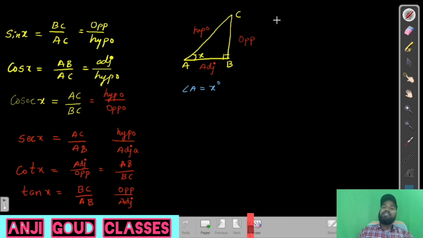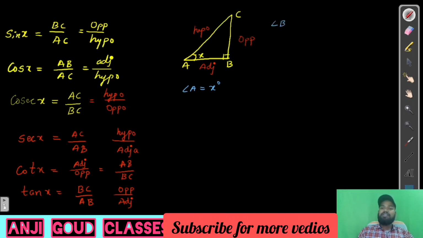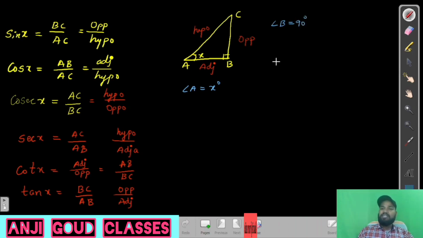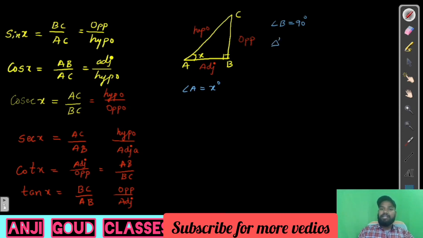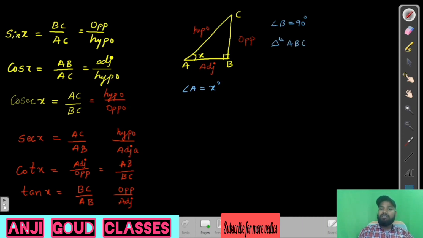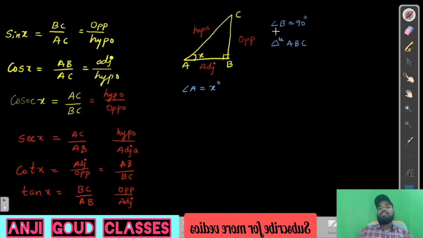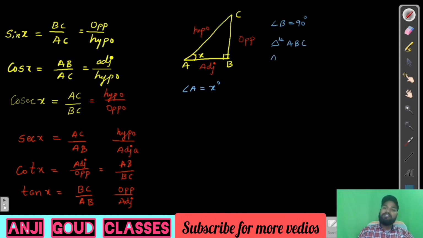Angle B is a right angle, that means it is 90 degrees. We already know that the sum of the angles of a triangle is 180 degrees: A plus B plus C equals 180 degrees.